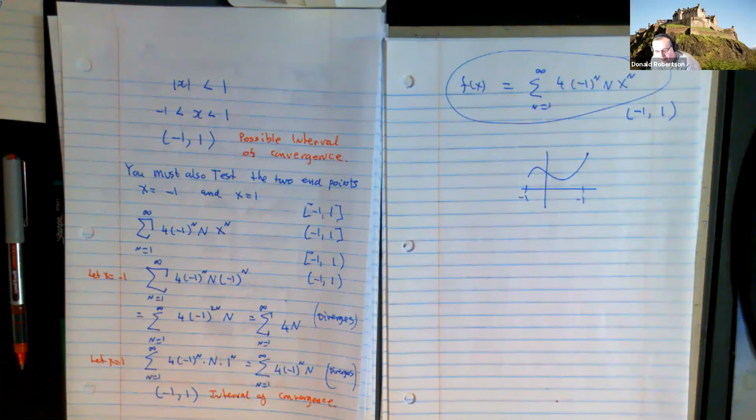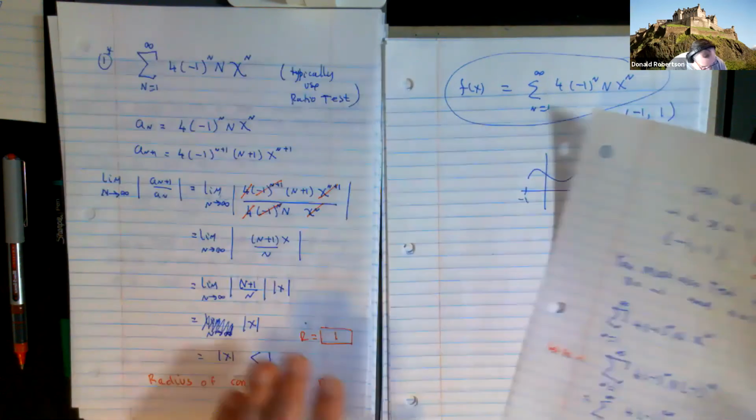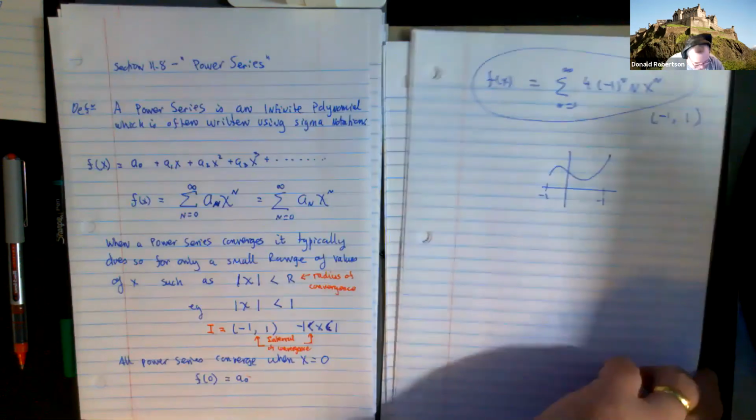Every single function in the world can be written as a power series. And if it can be written as a power series, we can then use it to analyze it in a different way than we usually would do. Very powerful technique. Power series, cool stuff.